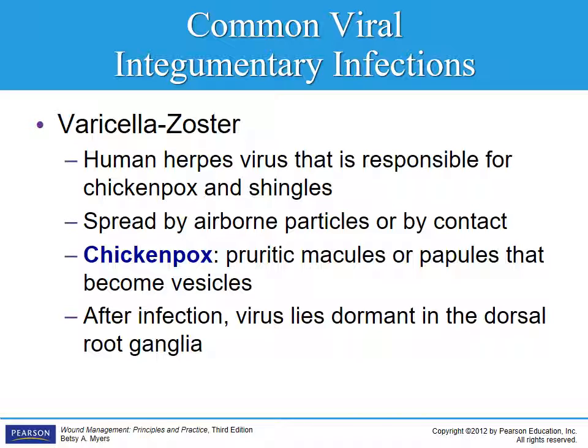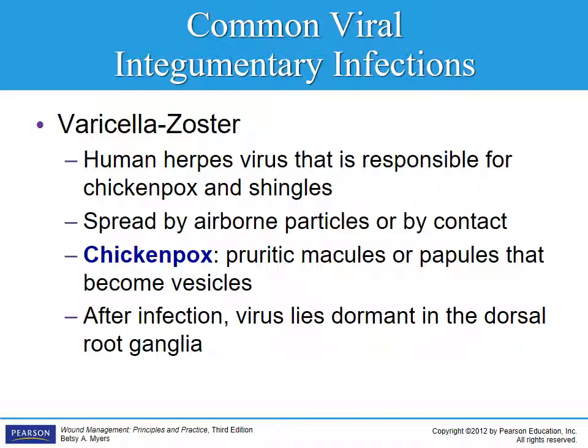Other common viral skin infections are varicella zoster, which is the herpes virus. It's chickenpox and shingles. It can be spread by airborne particles or by contact. And chickenpox are pruritic macules or papules that become vesicles.